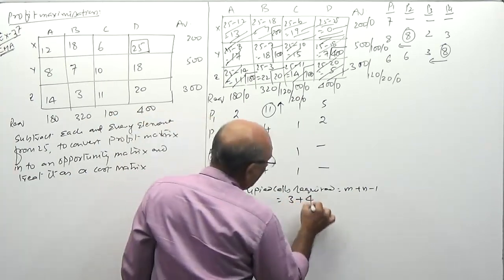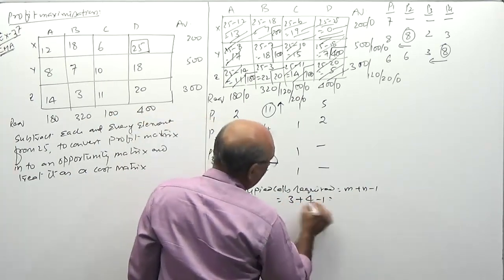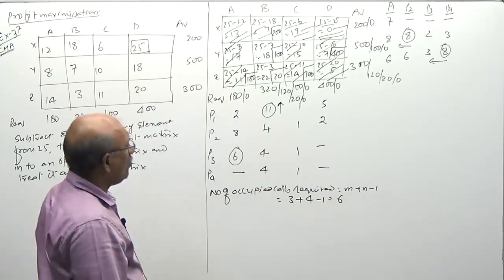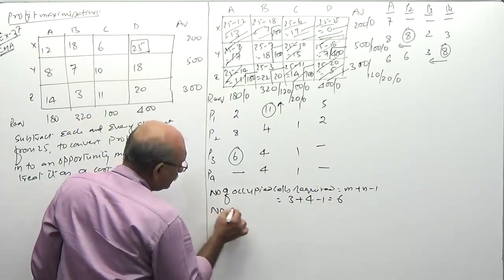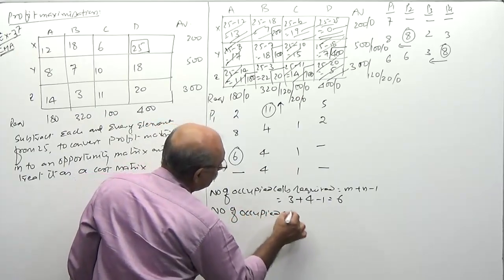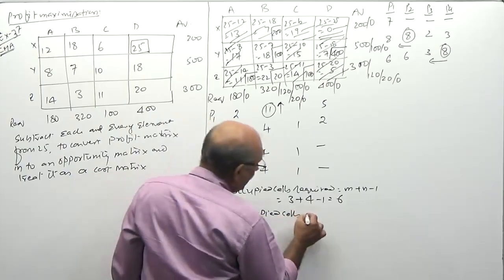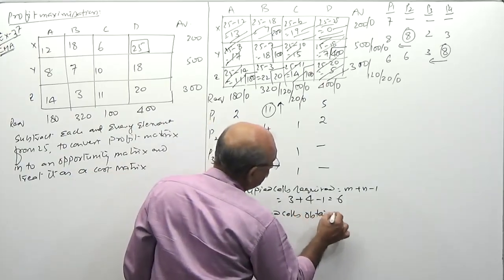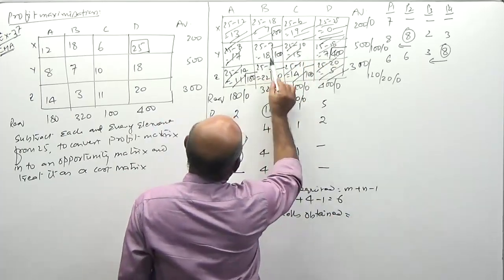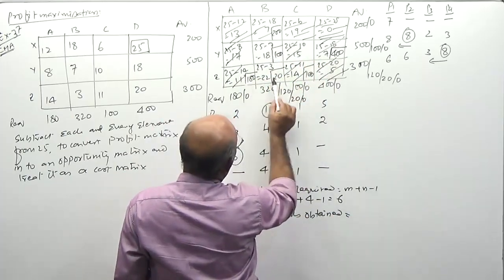How many columns? 4. 3 plus 4 minus 1, 6 occupied cells are required. Number of occupied cells obtained is equal to 1, 2, 3, 4, 5, 6.